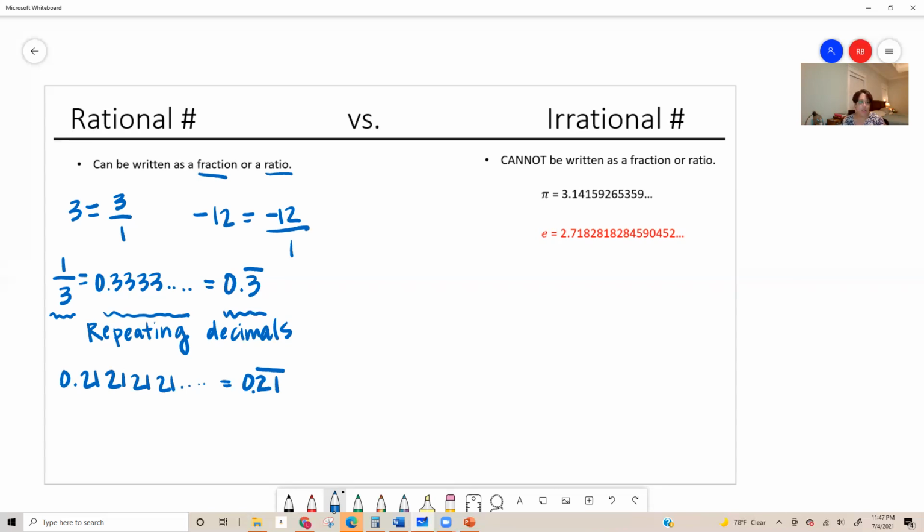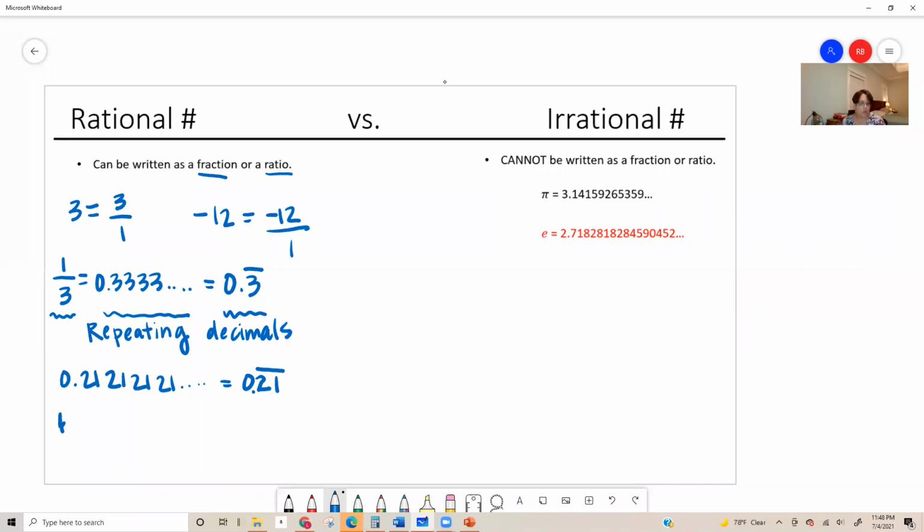And then you also have terminating decimals. Any type of terminating decimal would be like 1/2. Okay, I think I got my pen worked out here.